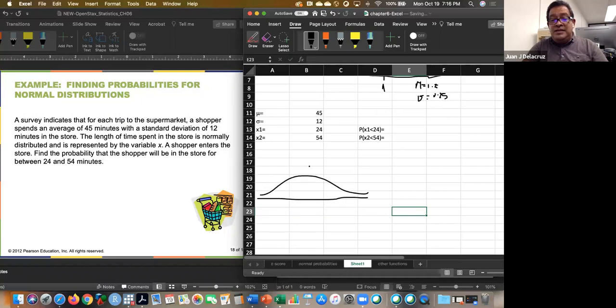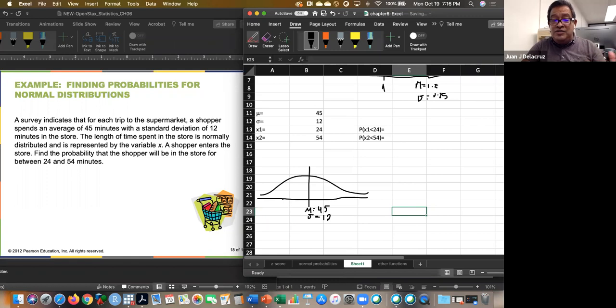So this is my normal distribution, this is my mu, this is my sigma. I'm not putting the values. So, well, this is 45, right? So this 45, and this is 12. So I'm looking for 24.